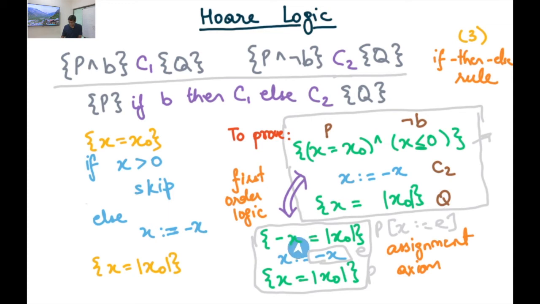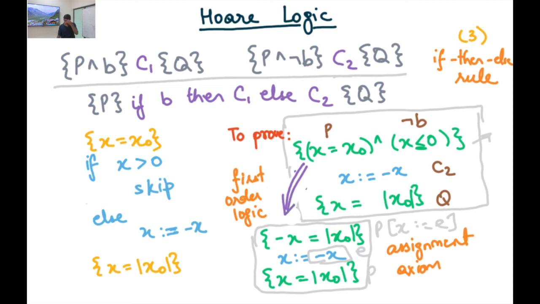So -x = |x₀|. Actually, these are not equivalent, but this should be an implication, because it's possible that x₀ was a positive number. So I should have really said these imply here.